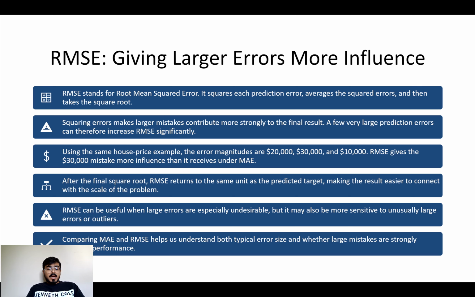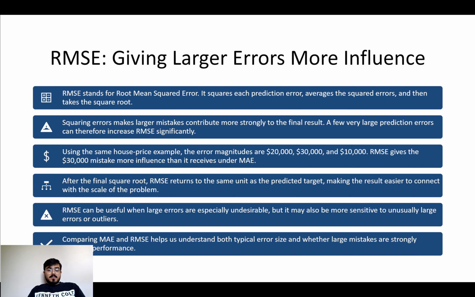This means RMSE pays much more attention to large mistakes. Because of this, RMSE is often used when large prediction errors are especially costly or risky. For example, if a company is predicting future sales or electricity demand, one very large prediction error could have a much bigger impact than several small ones.